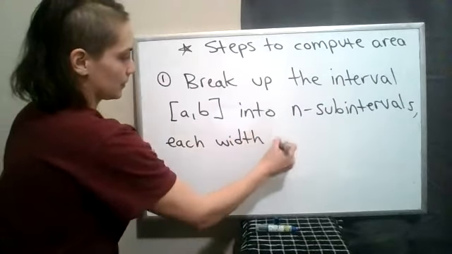For the homework, you'll be told what choice to use for n. If you want n equals 3, 3 rectangles, n equals 10, 10 rectangles, and such like that. Then build the rectangles.